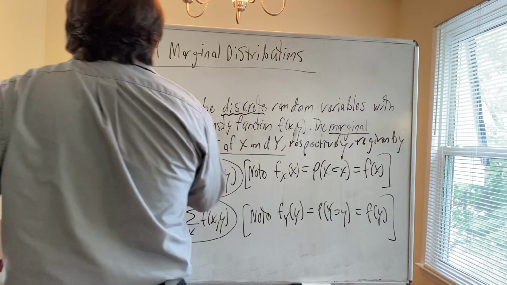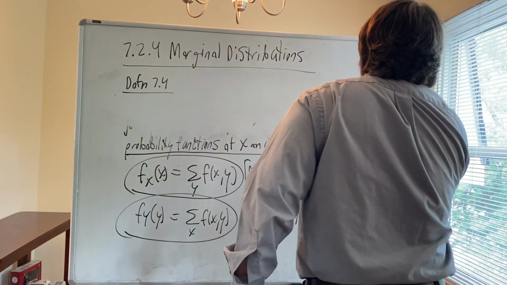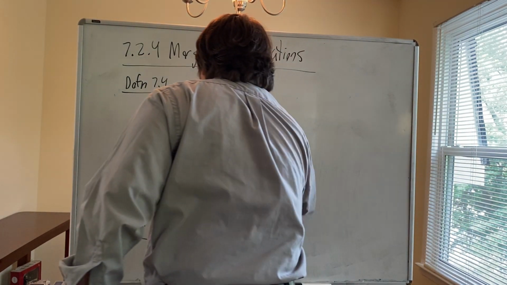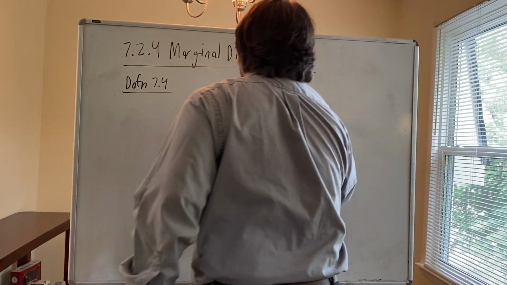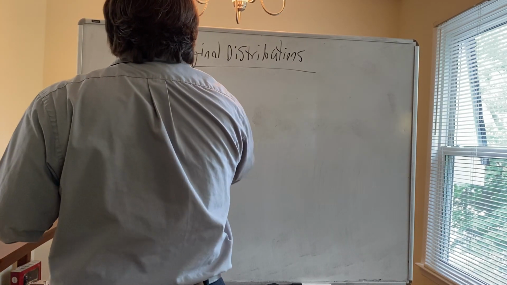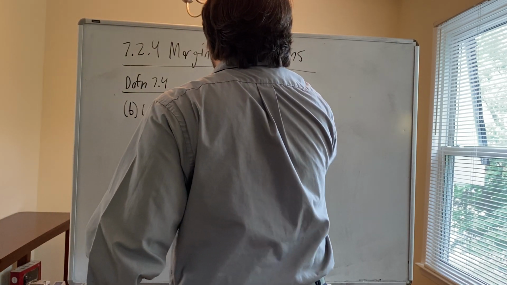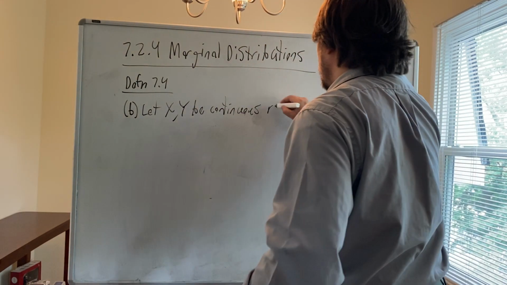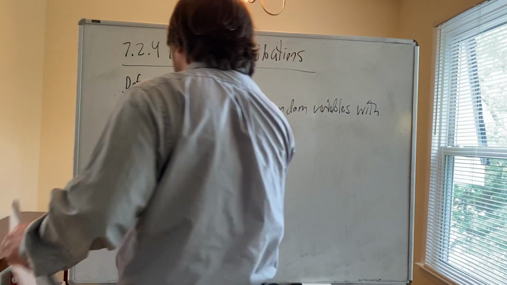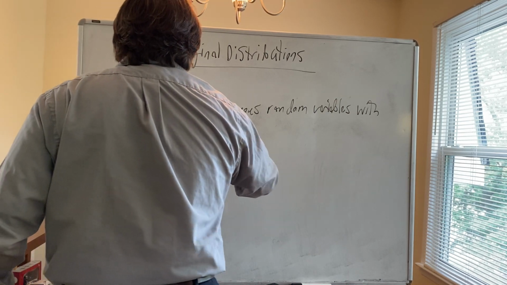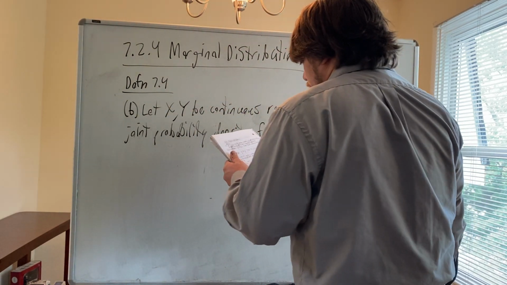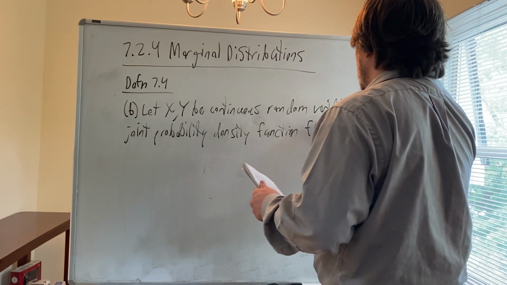Okay, so part B of definition 7.4. Part B, let X and Y be continuous random variables with joint probability density function, little f of x comma y.